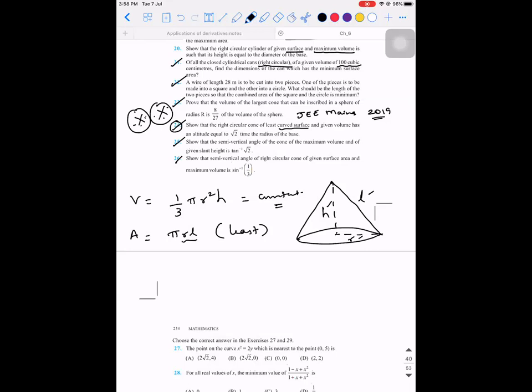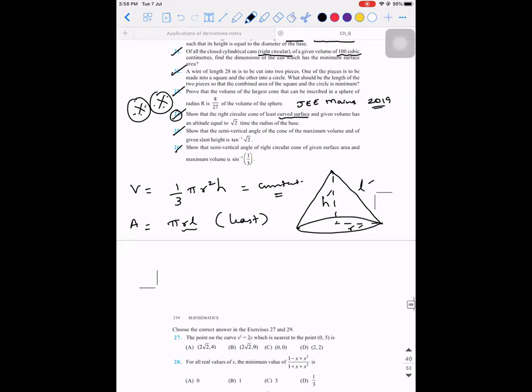Instead of R and L, can we write area in terms of one variable? What can we use? I can use H is equal to 3V divided by pi r square. Let this be equation number 1.